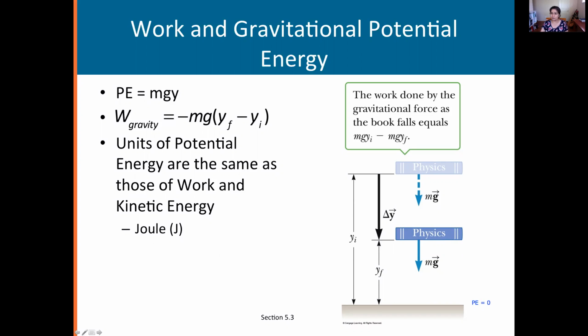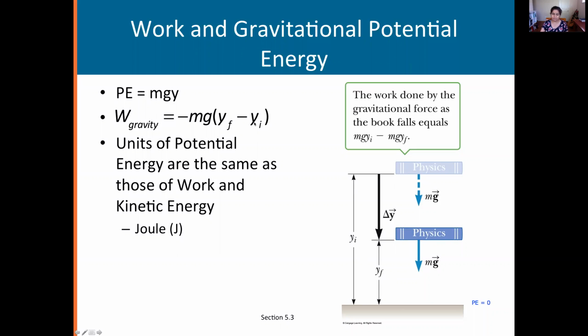Now, let us say you let go of the book at this position, its initial position, and it's going to fall. Let's consider a position while it's falling as its final position. So the new height at this point is yf. The amount of energy that it has lost, or the work done to fall from here to here, is the change in height, delta y, times mg.